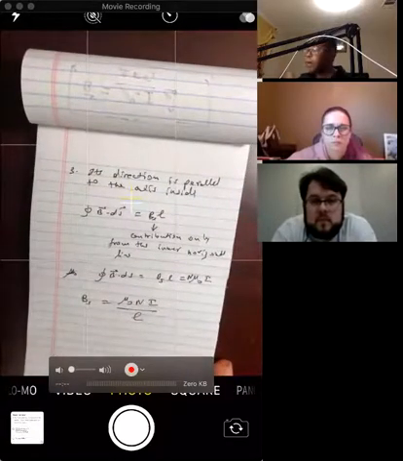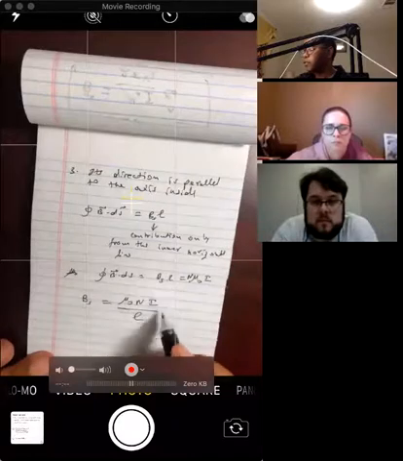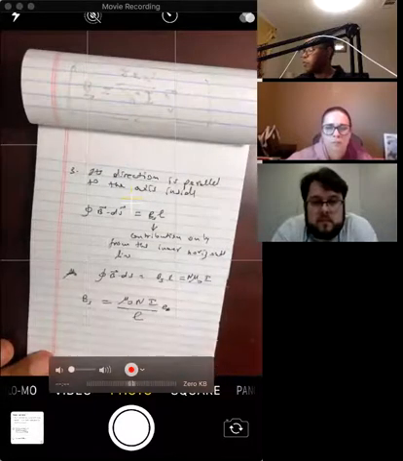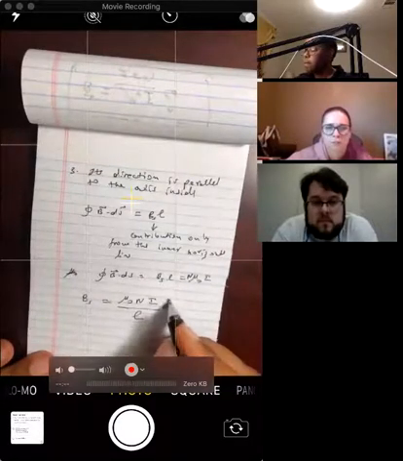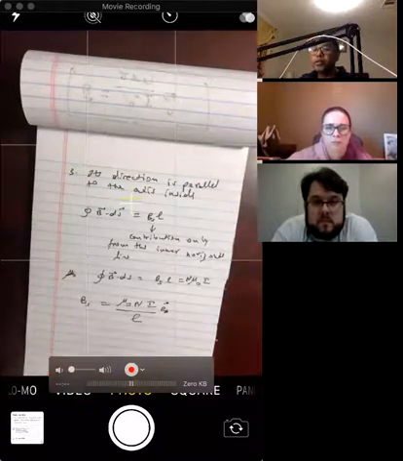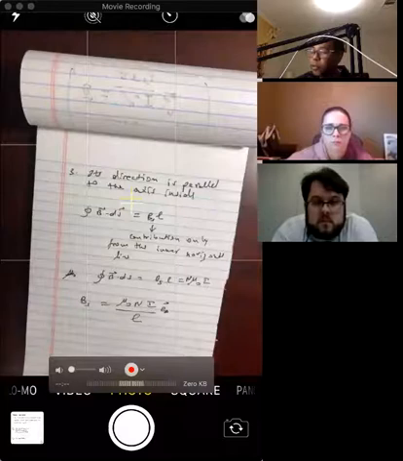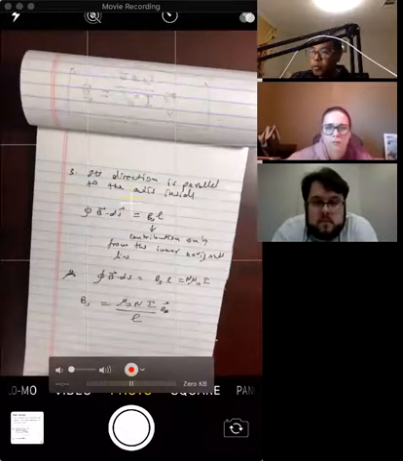And the direction of the field is the direction of the area of the loop. The current and the field are related by the right-hand rule. If the current is counterclockwise, the field will be to the right. If the current is clockwise, it will be to the left.